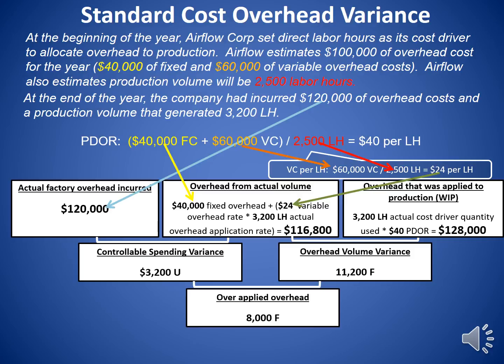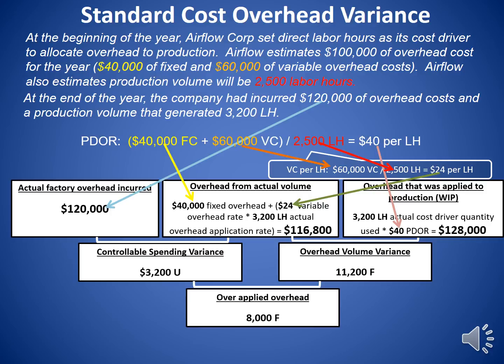So I multiply the $24 an hour variable overhead rate times the 3,200 hours for my actual labor, and that comes out to $116,800.